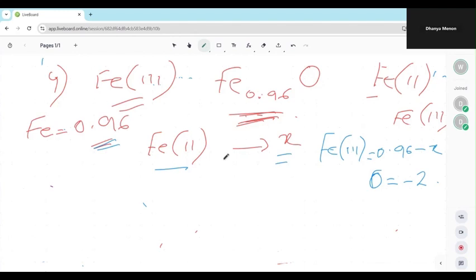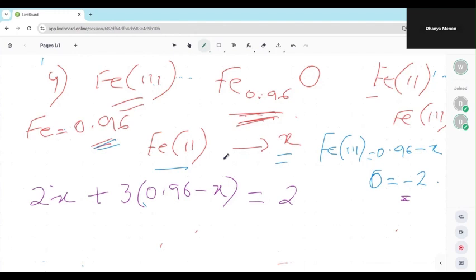Okay, now iron 2 has a charge of 2 and amount is X, right? There is one more iron present, iron 3, the amount is 0.96 minus X. This is the positive part, the metal part. It is equal to oxygen. And how many oxygen atoms are there? 1. The amount is 1. So we will consider only the magnitude, not the sign.